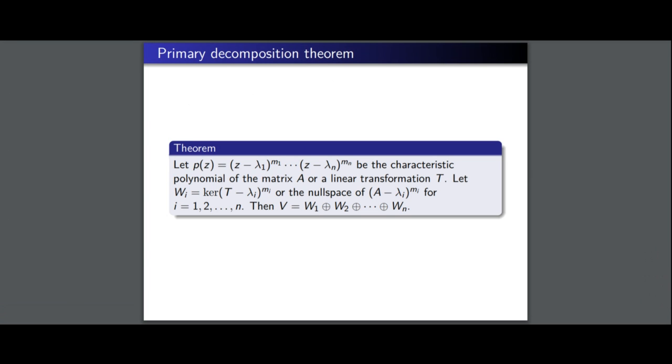Let's do an example before we talk about what's happening. So here's my example. Suppose a characteristic polynomial of my linear transformation T from V to V is some polynomial like x minus 2 cubed times x plus 1 squared.